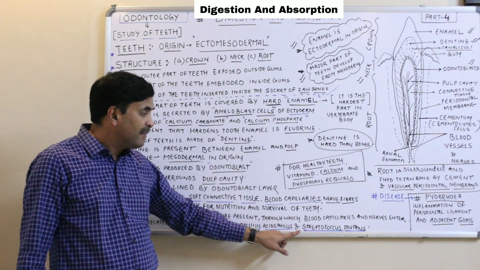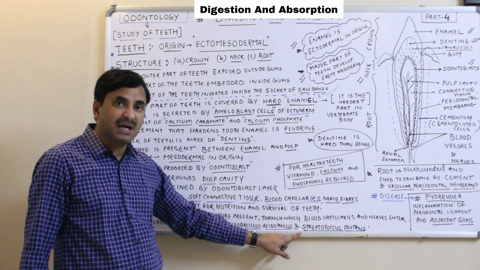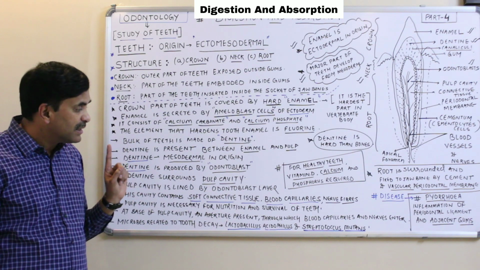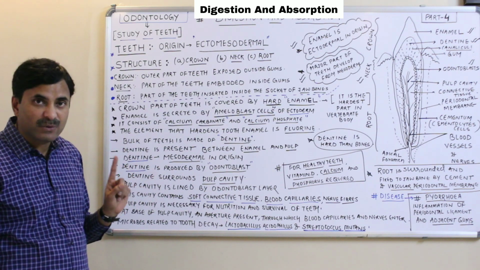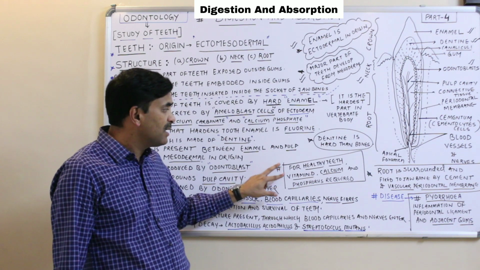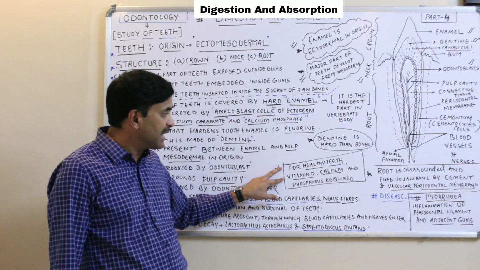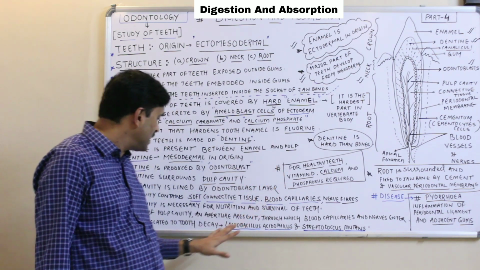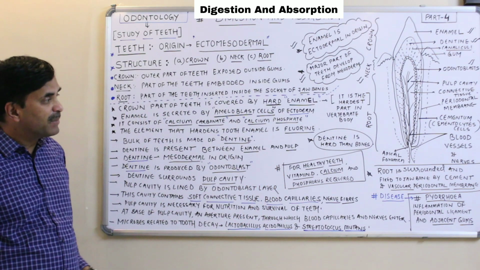Lactobacillus acidophilus and Streptococcus mutans are the two microbes responsible for the decay of our teeth. Now, for healthy teeth, vitamin D, calcium and phosphorus are essential. So this must be remembered.